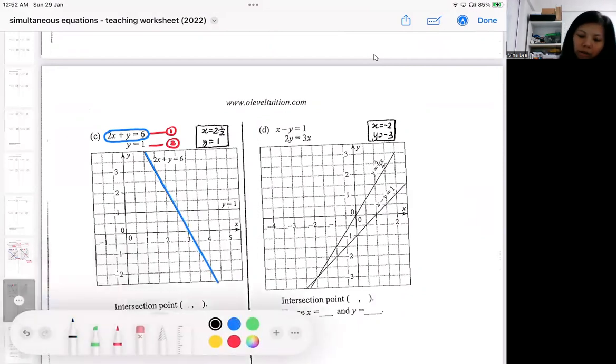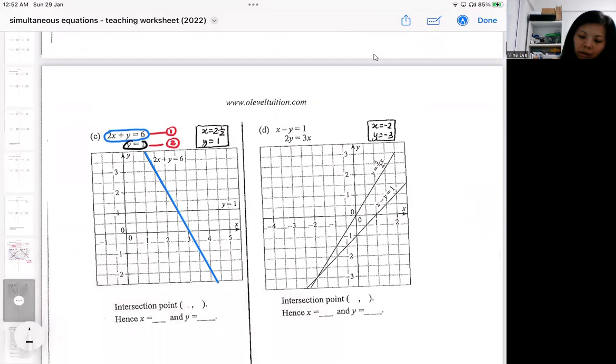The second equation is actually a horizontal line. So y equal to a number is a horizontal line. That is something that you learn in Sec 1, but some of you might forget. So the horizontal line is here.